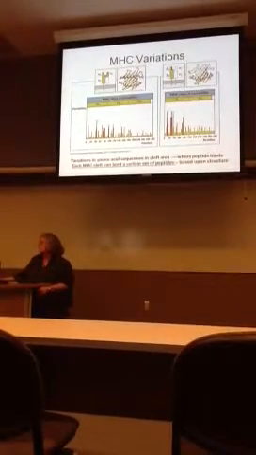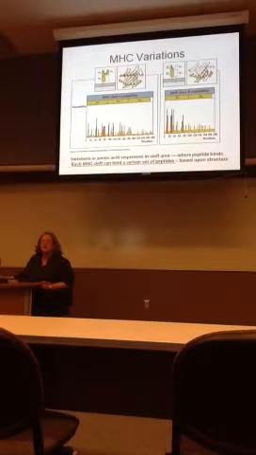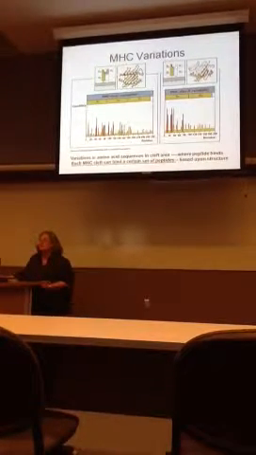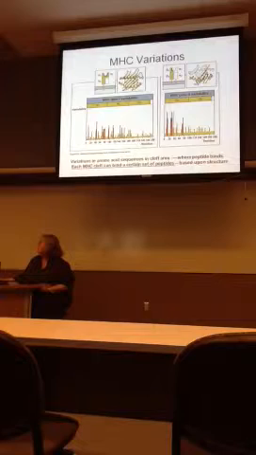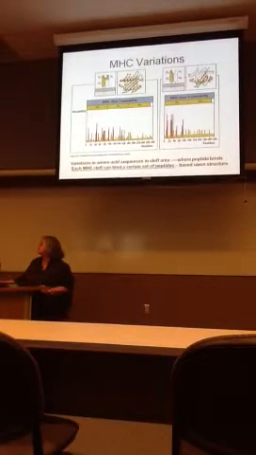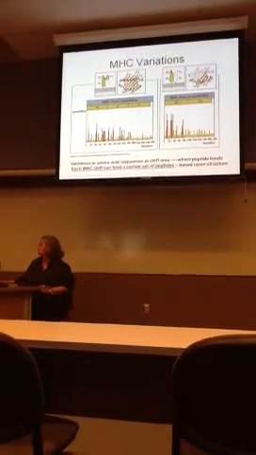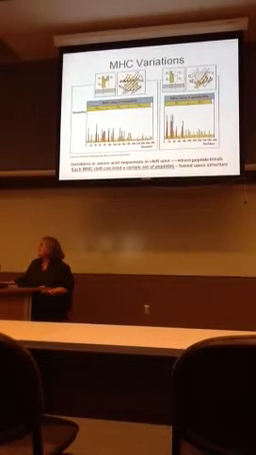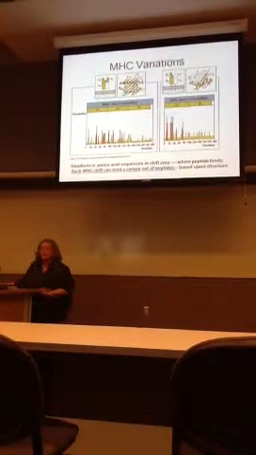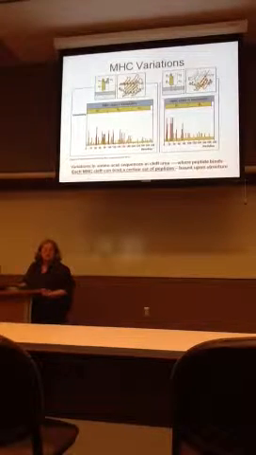Those are all in that cleft area. Are they going to come in contact with the peptide that's bound there? Yes. Could these come in contact with the T-cell receptor? Yes. These in the alpha helix can come in contact with the T-cell receptor, and the ones here on the plate on the beta strands are going to come into contact with the peptide.